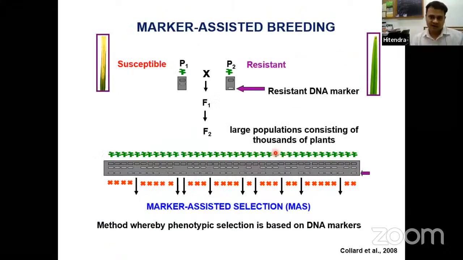Now coming to marker assisted breeding. This uses a molecular biology tool. As I mentioned earlier, for each trait there are two alleles, and we can differentiate alleles. If both the alleles are the same, it is called homozygous condition.